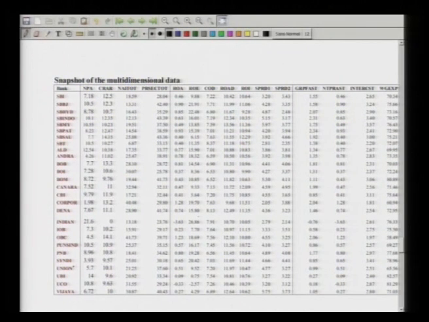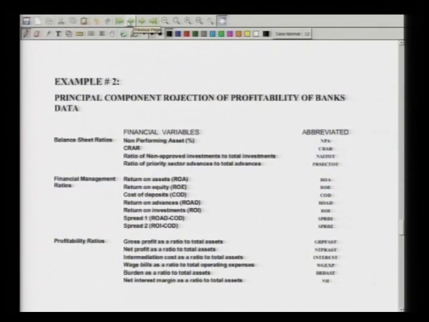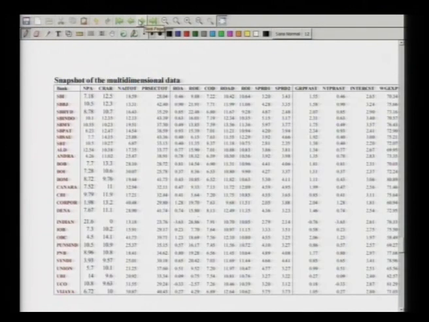Okay. This is again a snapshot of the multidimensional data. This is huge data. We have looked into a number of financial variables for a number of banks. So, both P and N are quite high in this case, and this is a snapshot of that data.